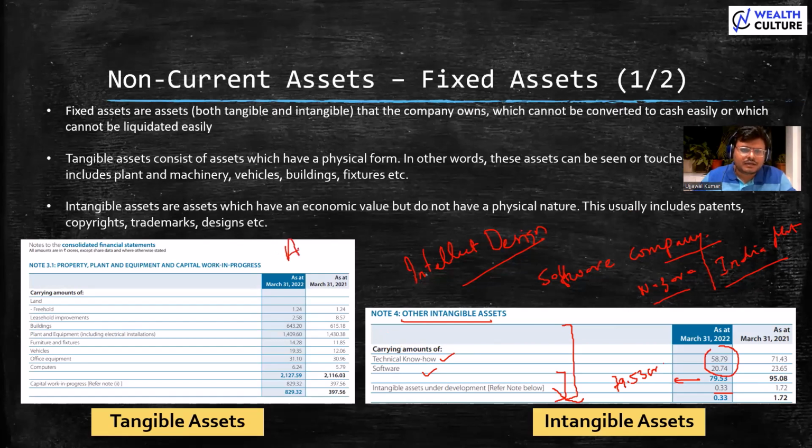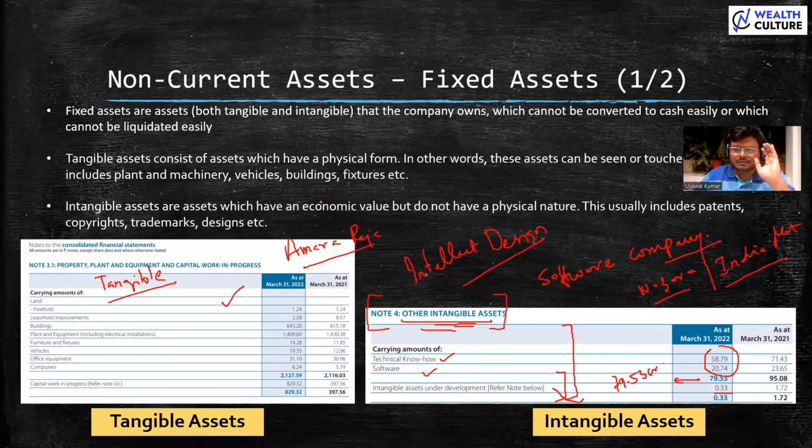This we are looking at a company called Amara Raja. Now they are mostly a manufacturing house, so they are very heavy on the tangible side of the assets, not so much on the intangible side. But depending upon the business, you could have the intangible assets also much larger than the tangible assets, for example, right?